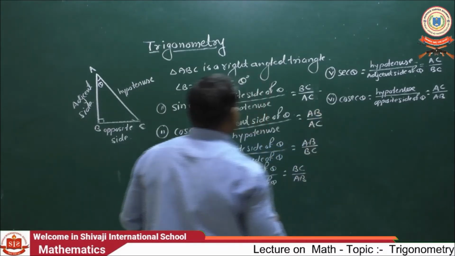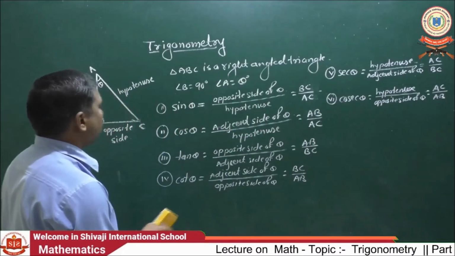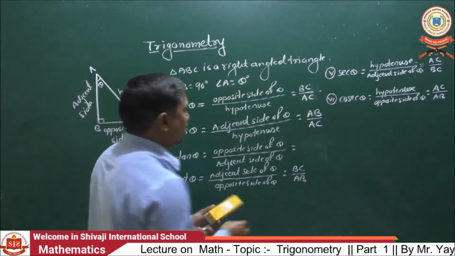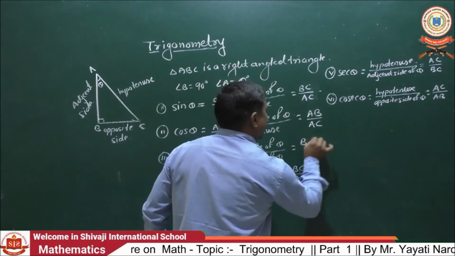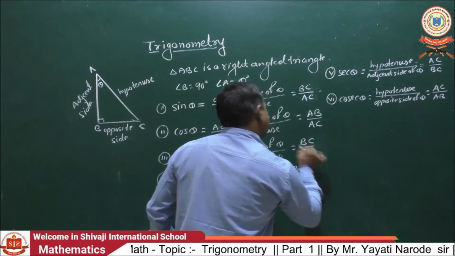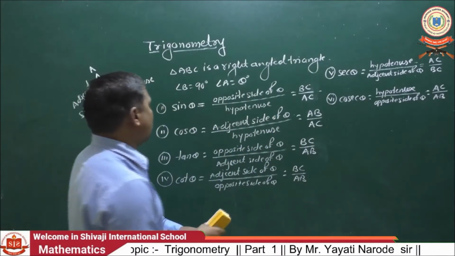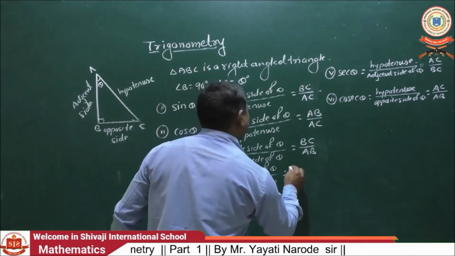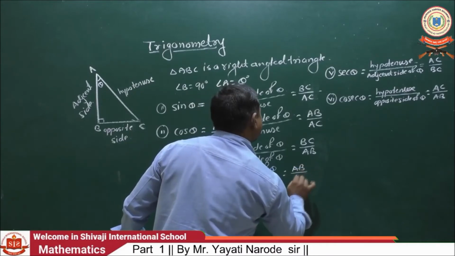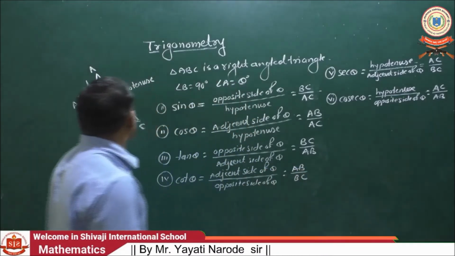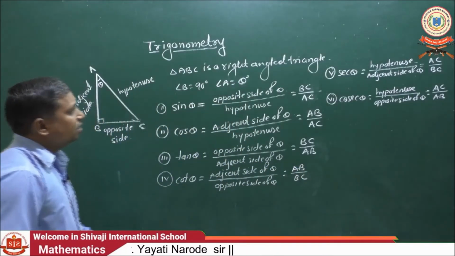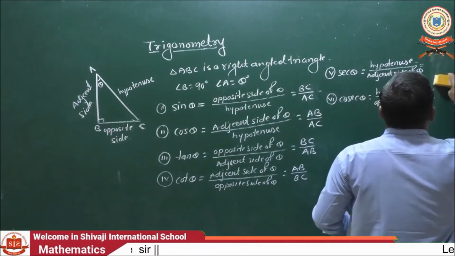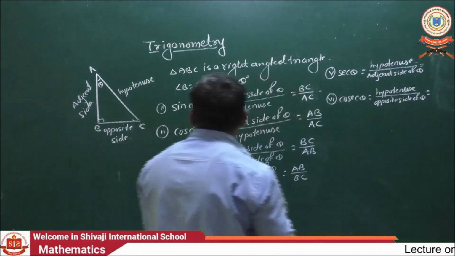Then tan theta is the opposite side of theta. The opposite side here is BC and the adjacent side is AB, so it becomes BC upon AB. Then cot theta is the reciprocal of tan theta, so this also gets inverted. This is AB upon BC. Then sec theta is the reciprocal of cos theta.